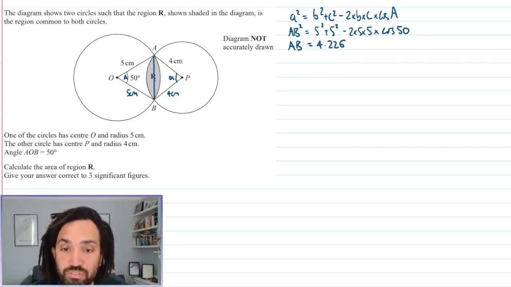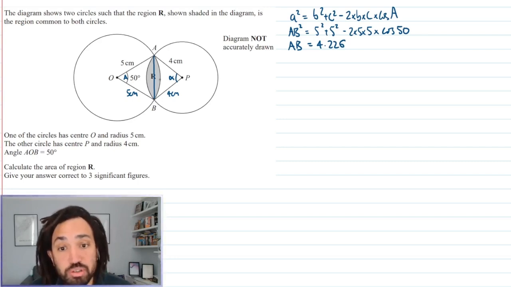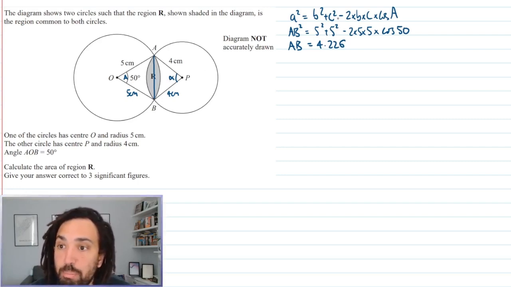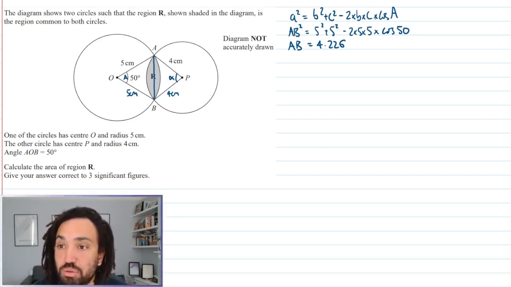And what I want to find now is alpha, the angle on the other side of the other triangle. So in order to do this, I need to use the cosine rule again, but I need to reverse it so that I can find an angle. So I need to rewrite the cosine rule. Now, I never remember what the cosine rule is for the angle, and you're not given it in the formula booklet either.